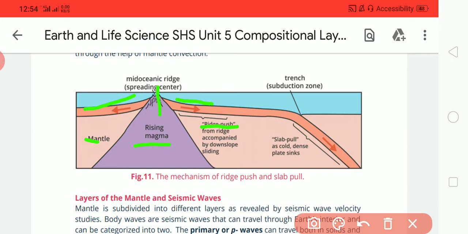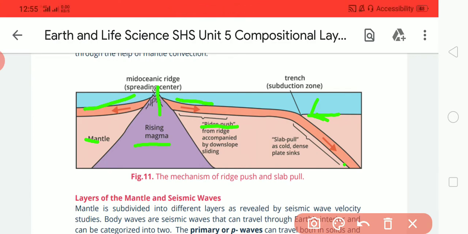Now, slab pull, it is a force that pulls the cold and dense materials to subduct or to go downward, especially itong subduction zone. Kay diri man mahitabo sa subduction zone ang ginatawag nato nga subduction. So diri ma-form ang trench.